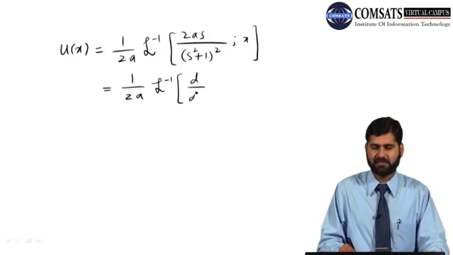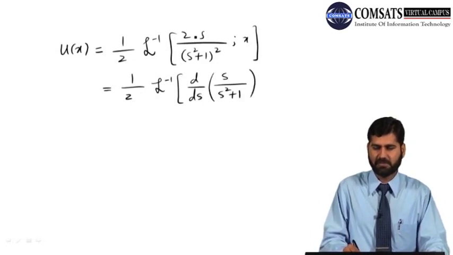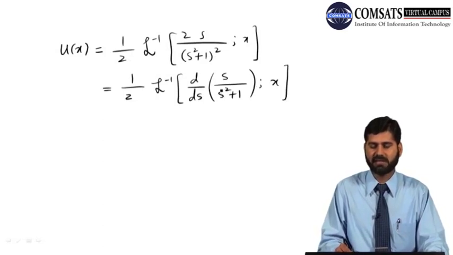So this is 1 over 2a Laplace inverse of, this is the derivative of s over s square plus 1. As a is 1 here, I just multiplied by 2. So if you take the derivative of this thing, what will you get?